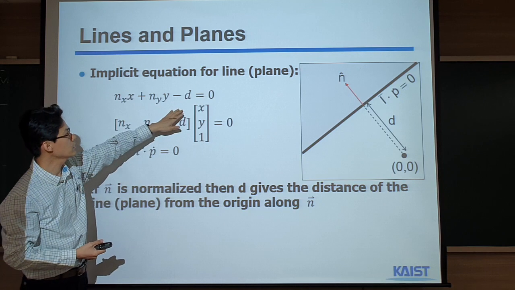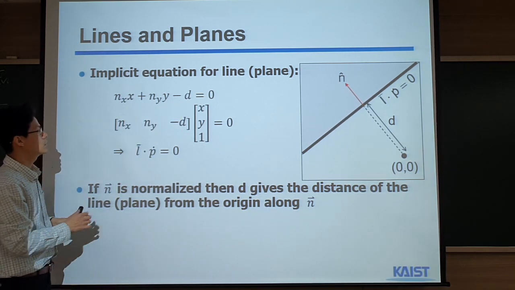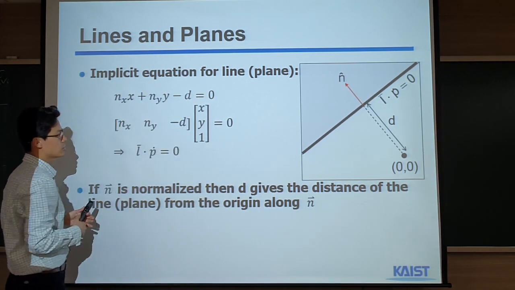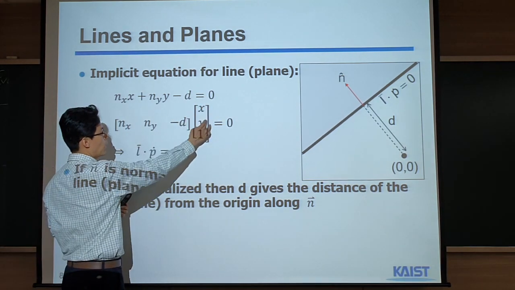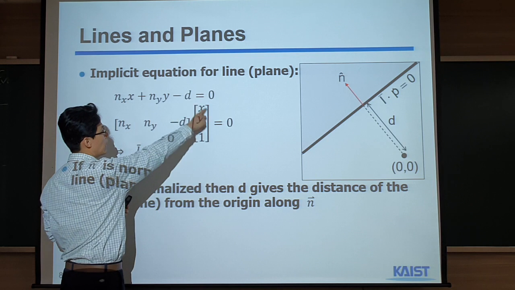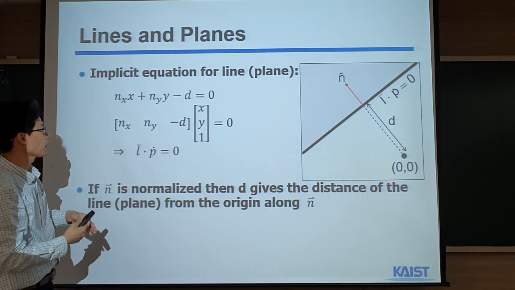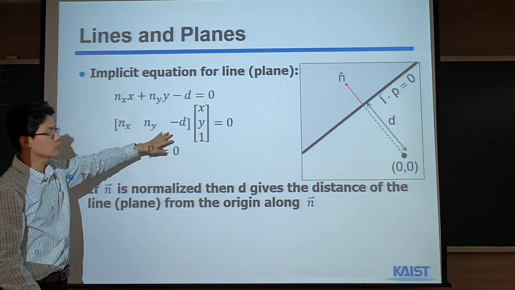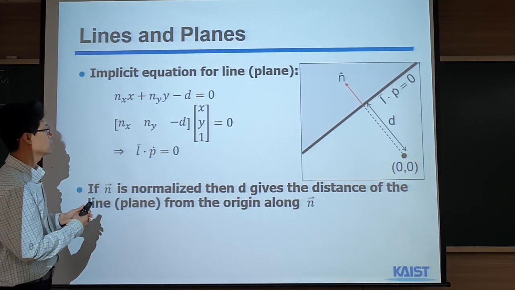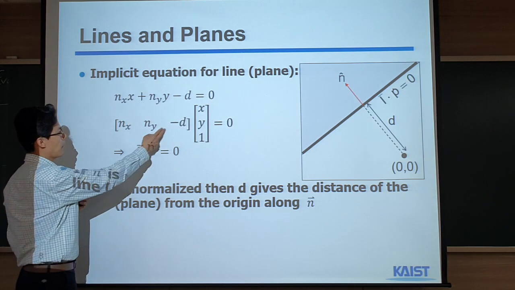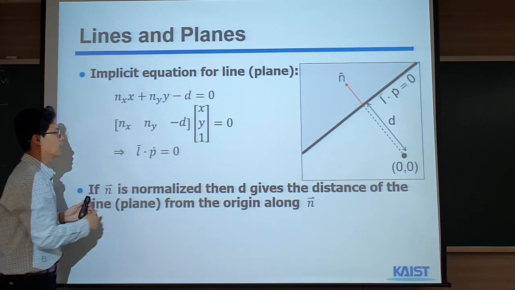Basically, starting from this implicit equation, we can reformulate it into some sort of matrix operation. Then you can see that x and y and 1, where x and y is a 2D point on the line, and these are the coefficients for the line. We represent nx, ny, and minus d as this L here.